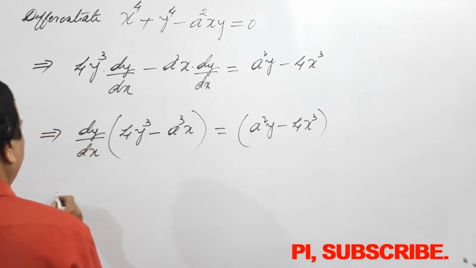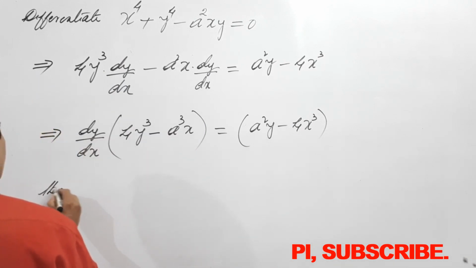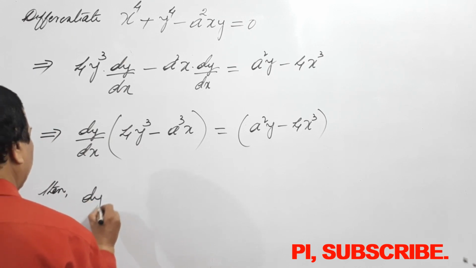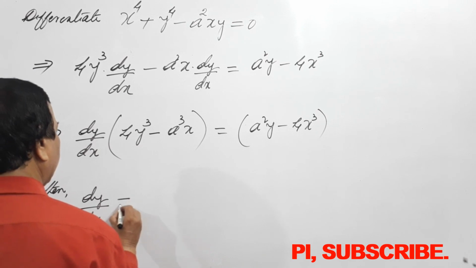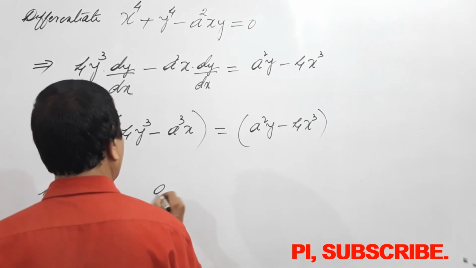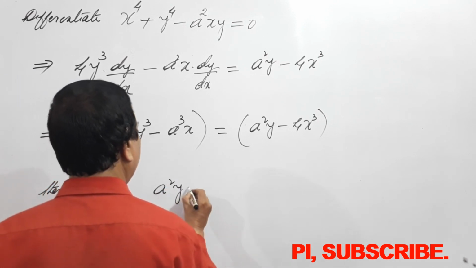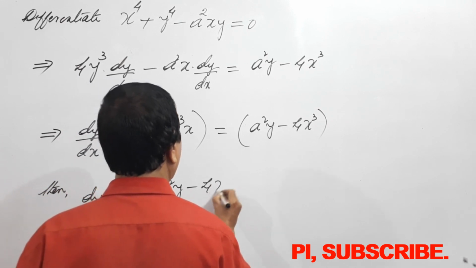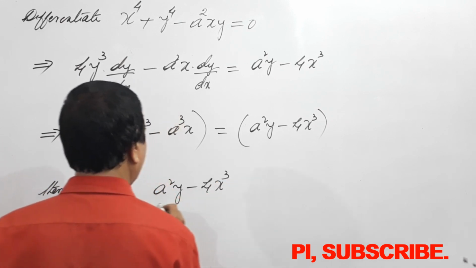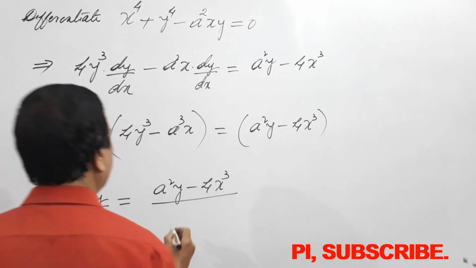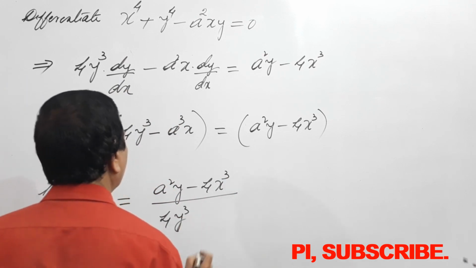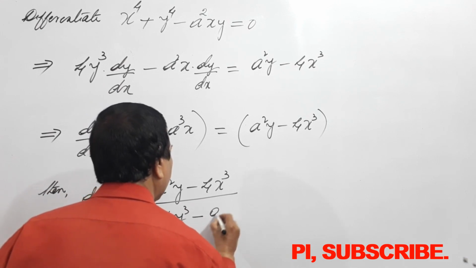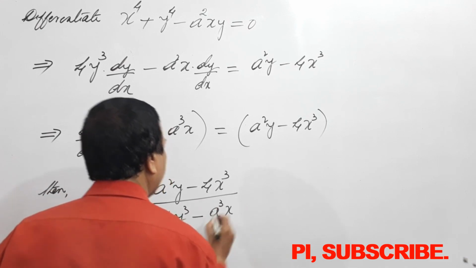So I want dy by dx, then dy by dx equals to a square y minus 4x cube divided by 4y cube minus x.